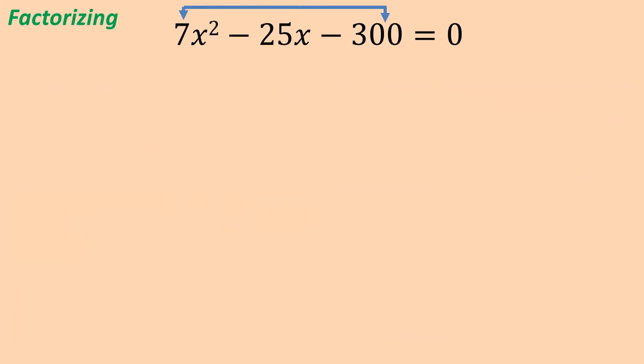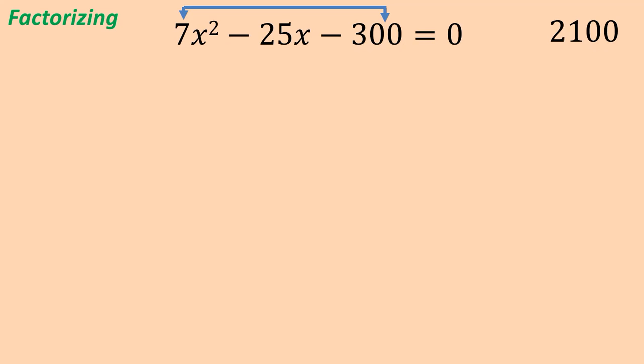The coefficient of x squared will multiply with 300 and the answer will be 2100. Now this 2100, we're going to factorize, and the middle figure 25x we will split into two figures. These figures should be multiples or factors of 2100.